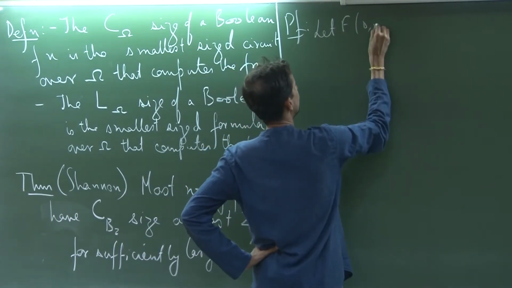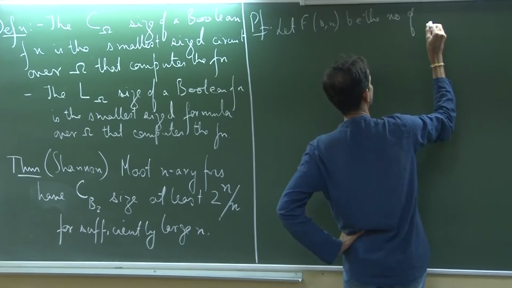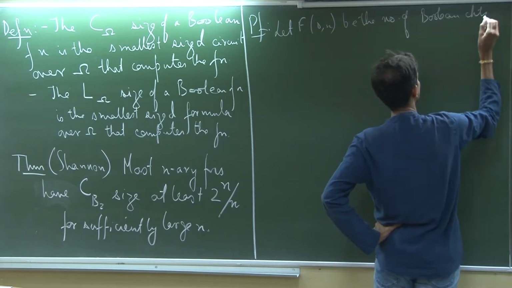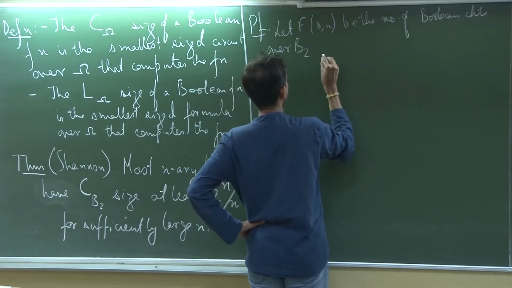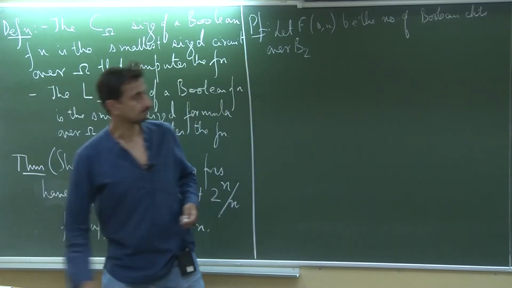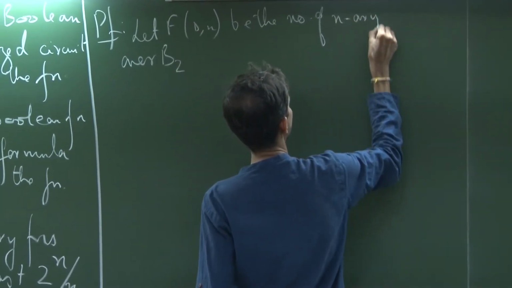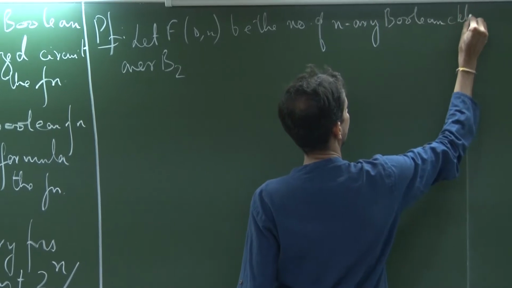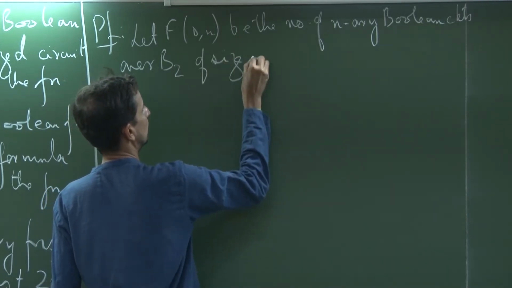So, let F_s(n) be the number of n-ary Boolean circuits over B2 of size s.